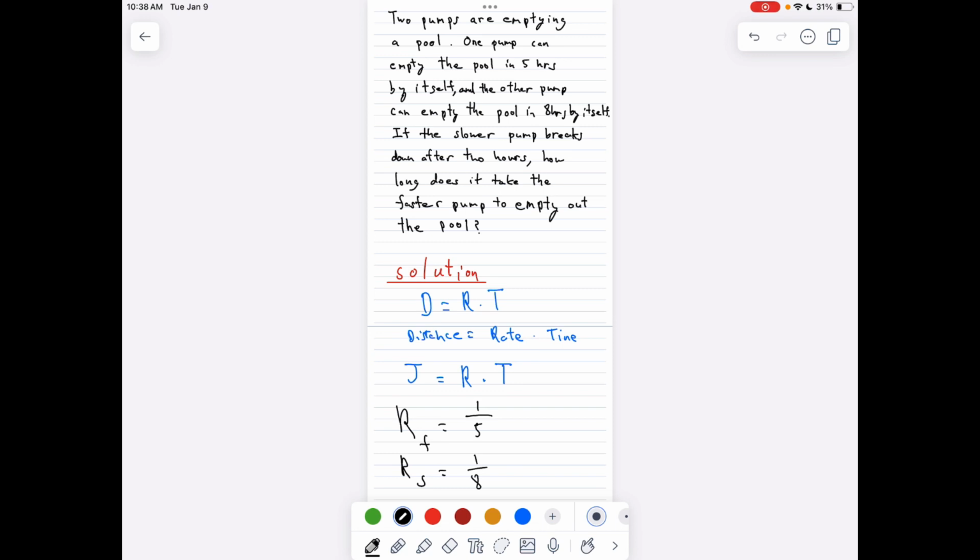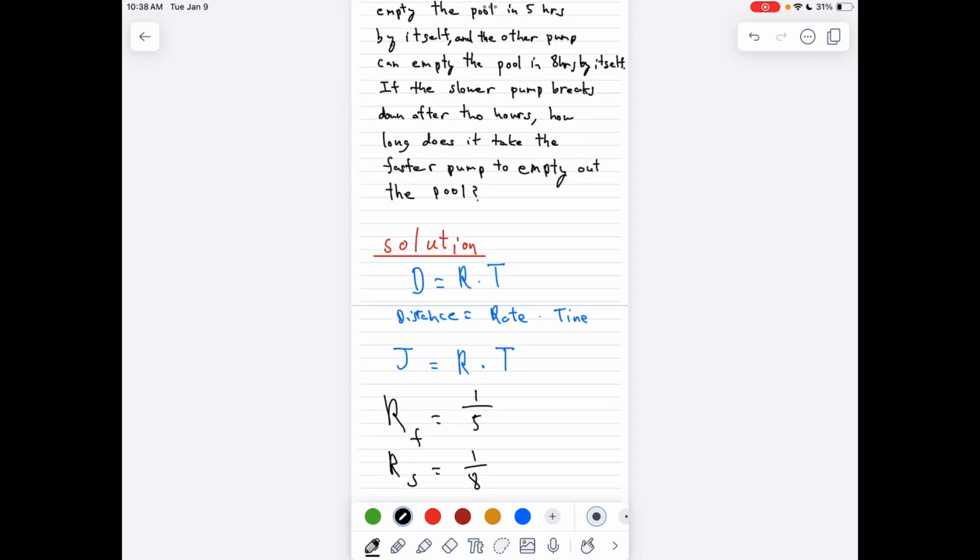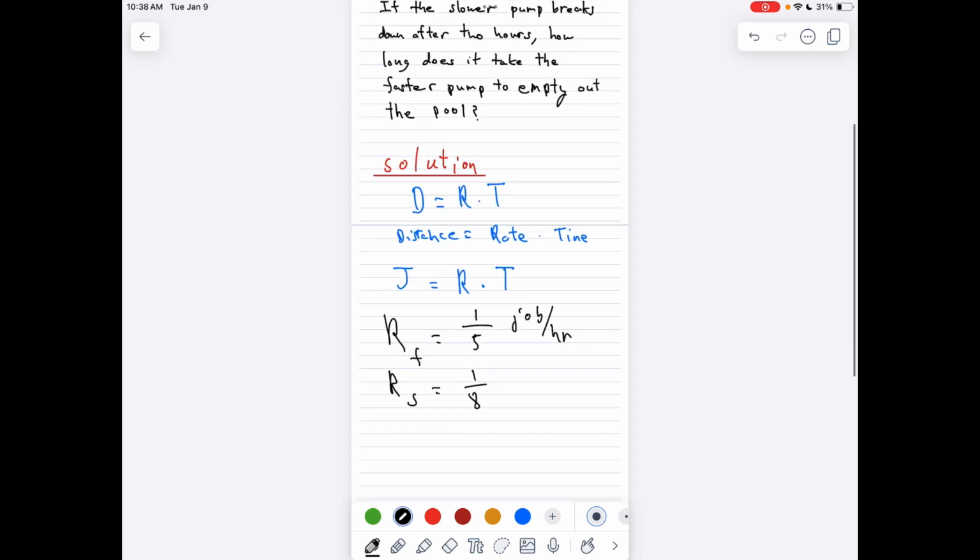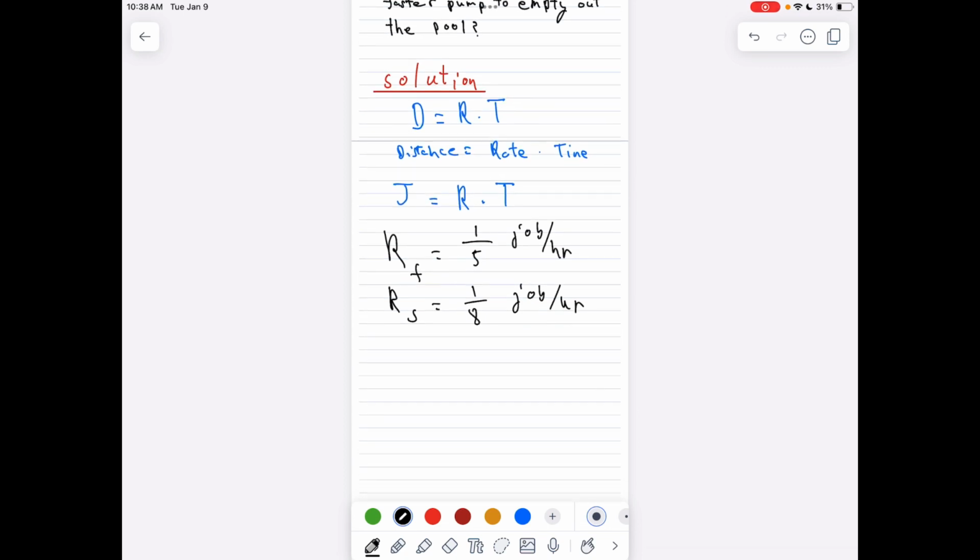Well, if the fast pump does the job in 5 hours, in 1 hour it's done 1/5 of the job. So you can think of this as a rate of 1/5 of the job per hour, and likewise, the slow pump has done 1/8 of the job in 1 hour.